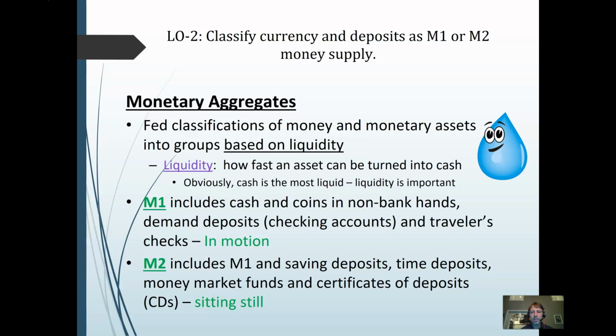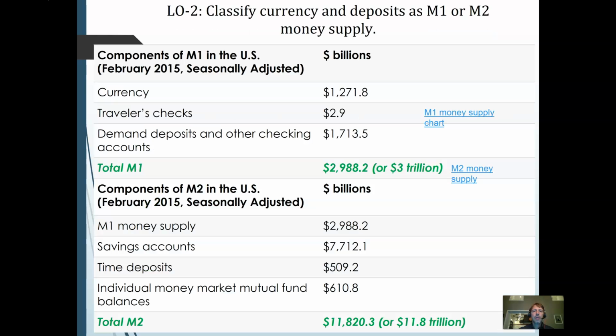But M1 is that that's exchanging hands more readily, and M2 is sitting there and could be put to work, but is more idle in some sort of savings account. If we were to look at a specific time, this is February of 2015, we had about 3 trillion in total M1, and here's how it's broken out.